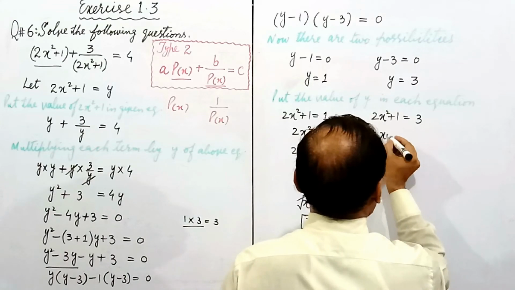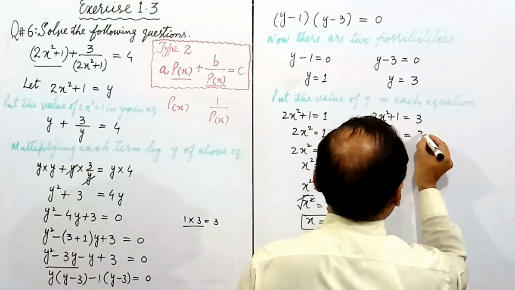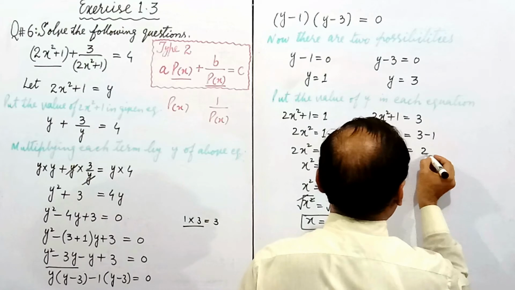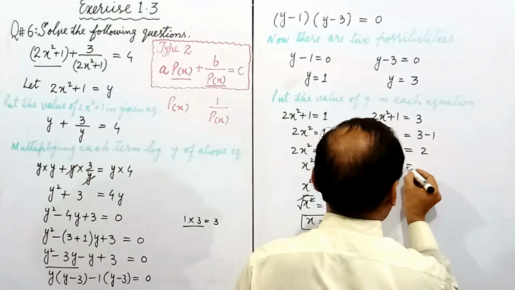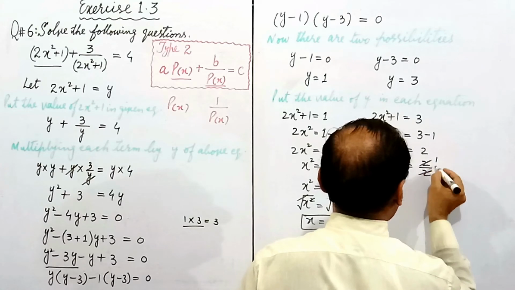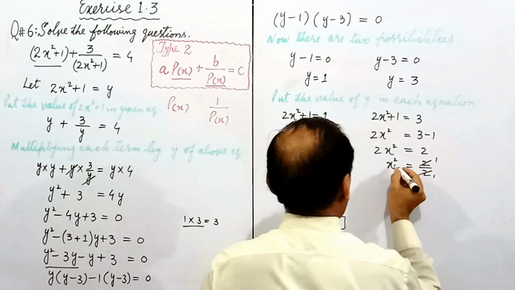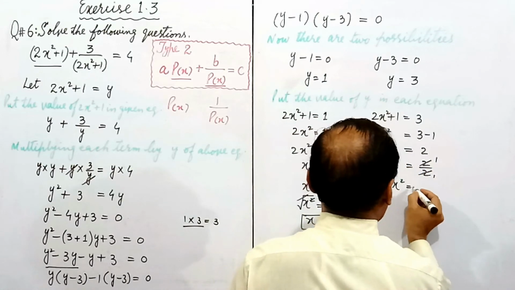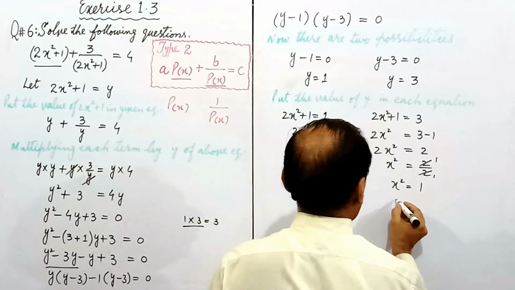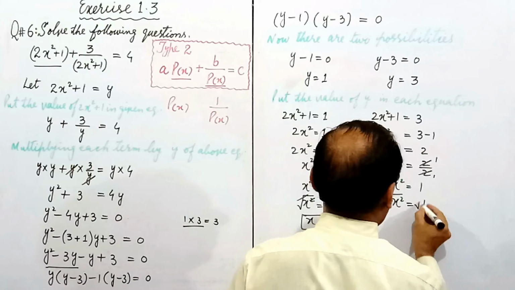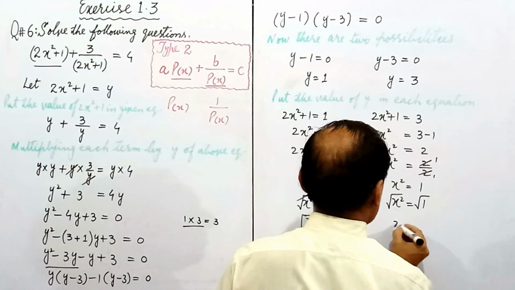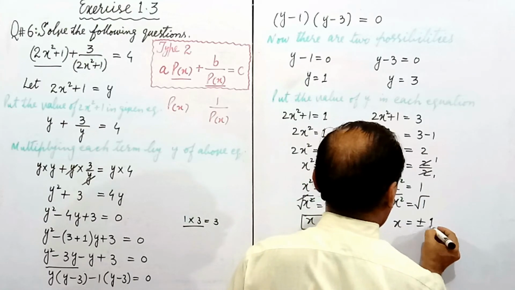2x square plus 1 is equal to 3. 1 is taken to the right hand side, minus 1, it becomes equal to 2. 2 is taken to the right hand side, becomes denominator, 2 divided by 2 cancels. X square will be equal to 1. Taking square root of both sides, we have x is equal to plus minus 1.